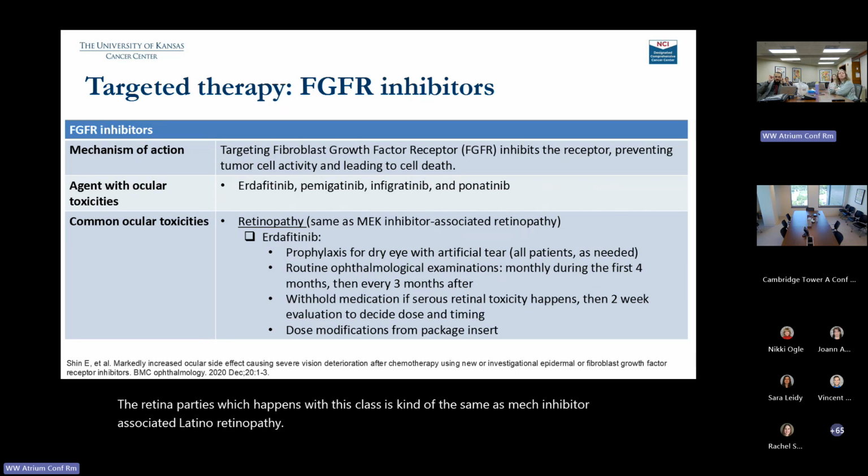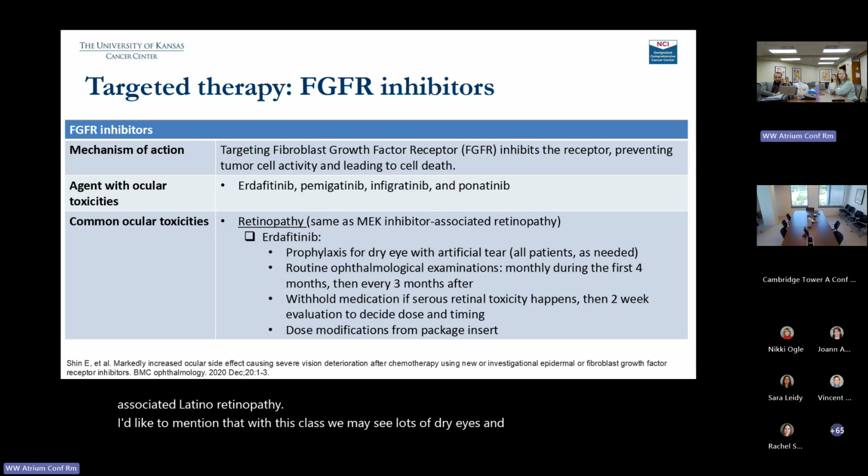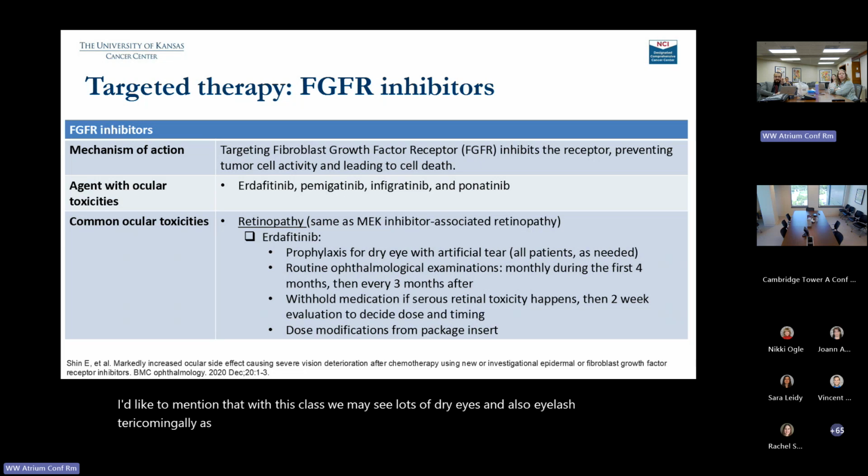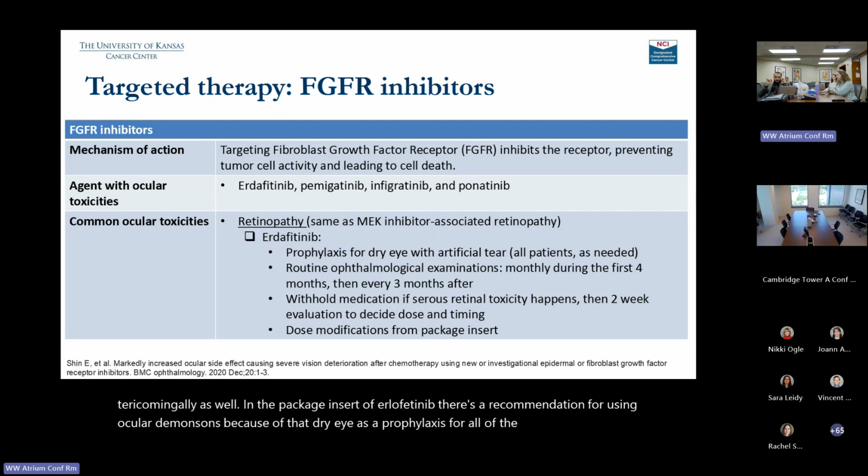I'd like to mention that with this class, we may see lots of dry eyes and also eyelash trichomegaly as well. In the package insert of erdafitinib, there's a recommendation for using an ocular demulcent because of that dry eye as a prophylaxis for all of the patients.